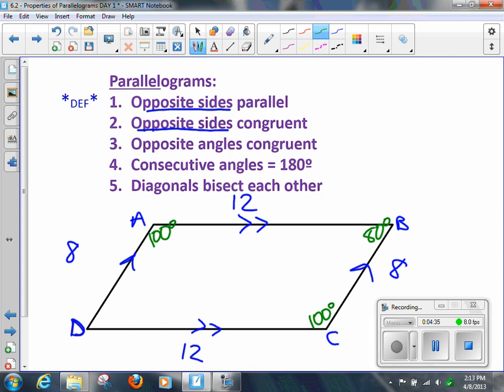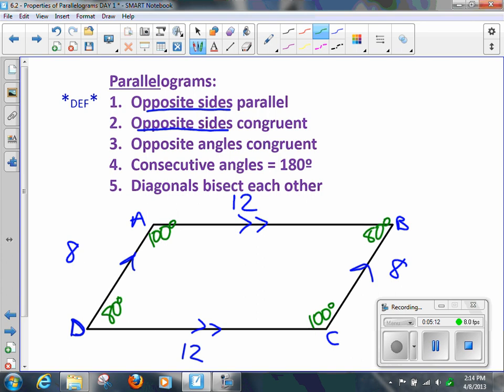Well, looky there. 100 plus 80 is 180. If you keep going, angle B plus angle C totals up to how much? 180. Angle C and angle D better equal up to what? So angle D, what's the measure of angle D? How would you know that? Because it's opposite to which angle? Which is 80 degrees. Comprende? Okay?